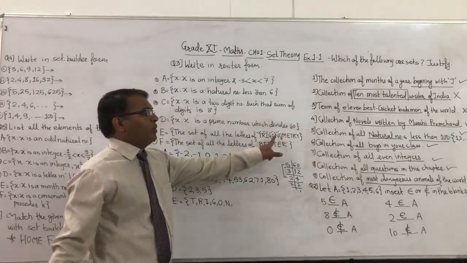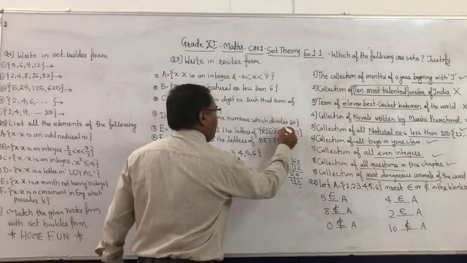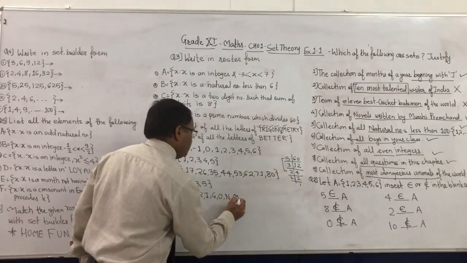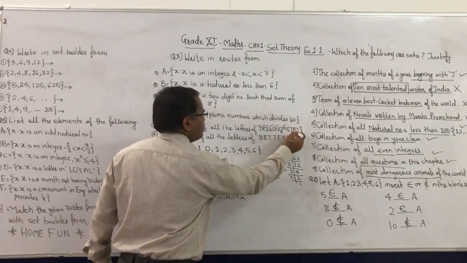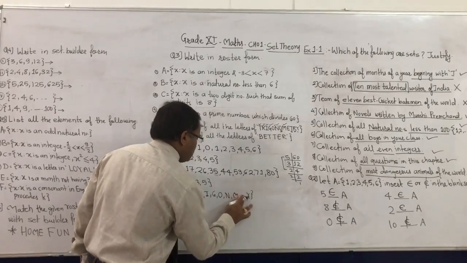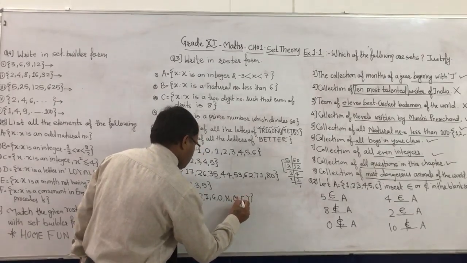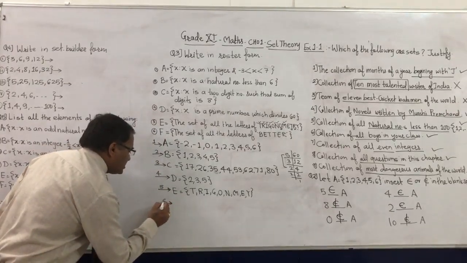This is already over. The letters will not repeat. Then M, then E, T is already over, R is also over, Y is remaining. So what is the answer? M, E, Y.